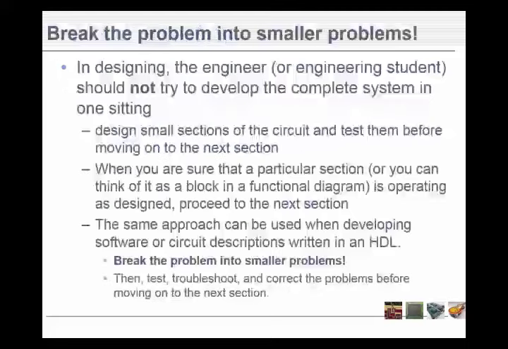Again, you have to start breaking it into smaller problems to be able to do this. And like I said earlier, or that other guy, Wakerly, said earlier, to be a good design engineer, you got to be a good troubleshooter, because you got to be able to figure out how to do this. Okay, so you look at small parts of the circuit first.